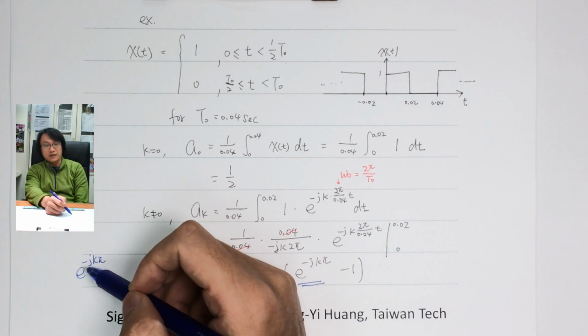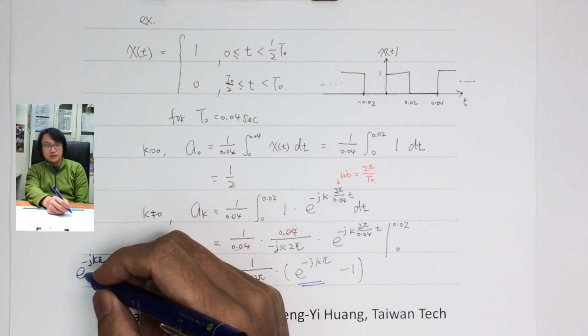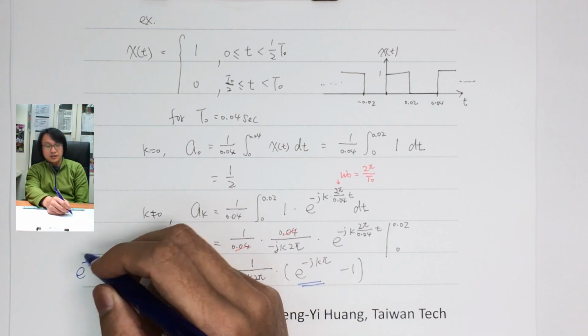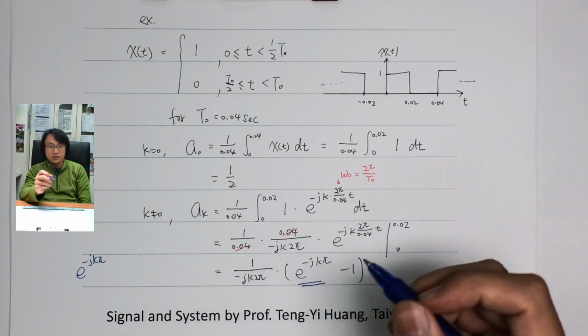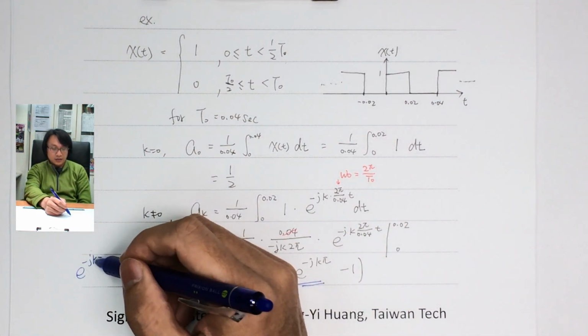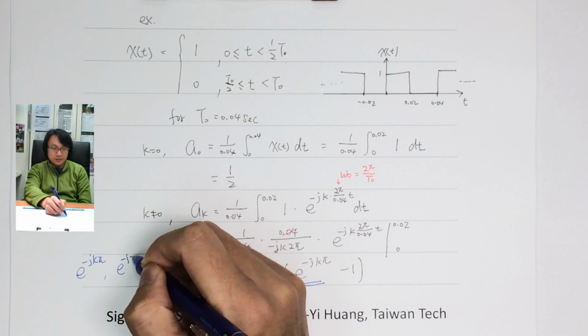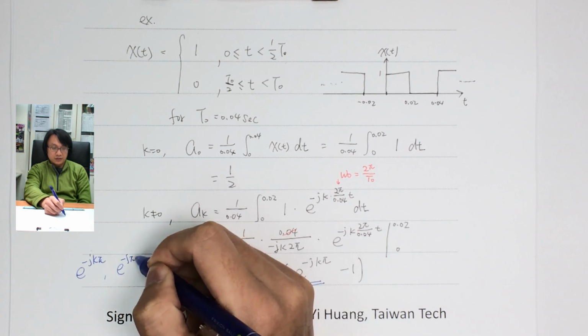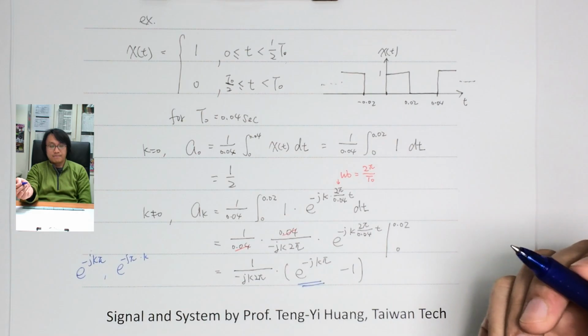So it becomes either 1 or minus 1. Or you can factor it as e to the power of negative j pi to the k power. Think of it as raising it to the k.